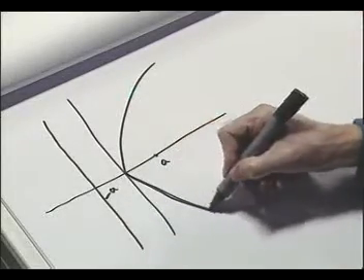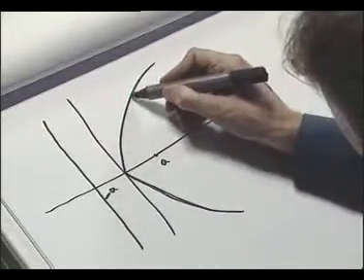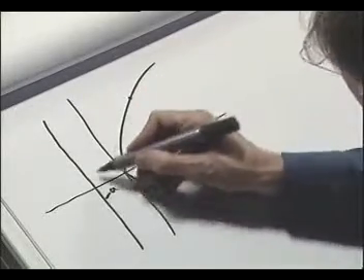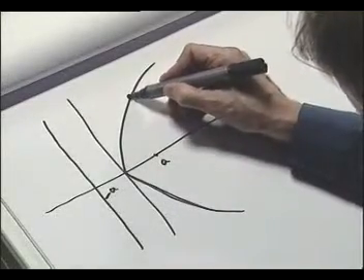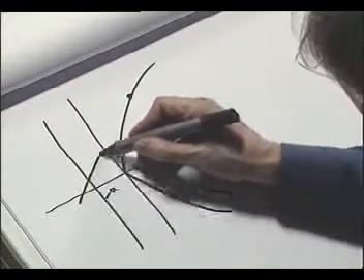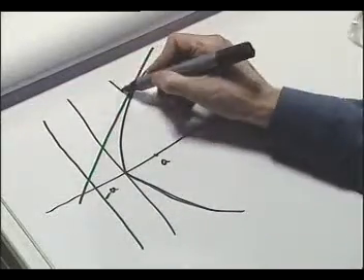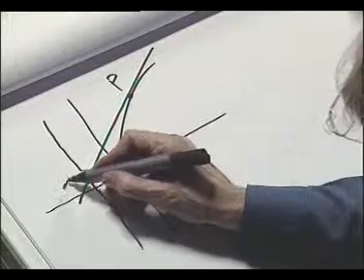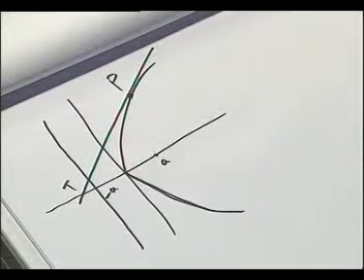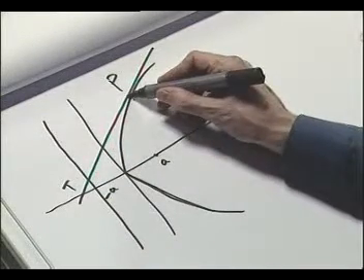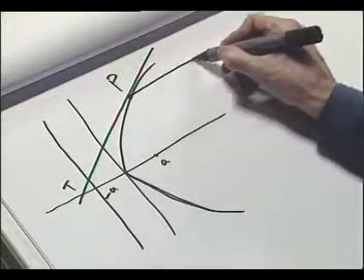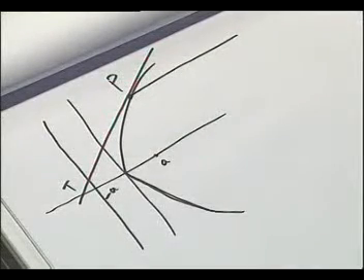A bit better curve. Here's our point P. And here's our tangent to the point P. I'll call that the point T there. And a ray of light is going to come in like so.